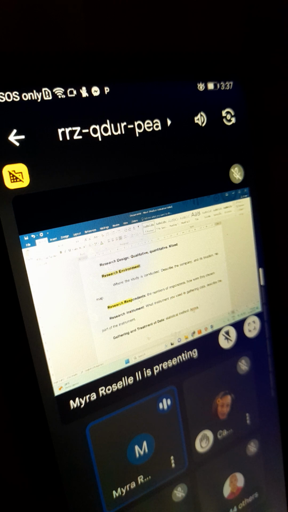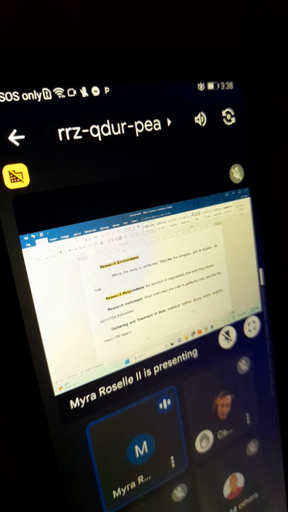For this part, your statistician will help you. You have the simple weighted mean, or the chi-square. Also here, you are going to mention data mining, which means you've done a lot of readings to have data, or you've used your resources in your offices for the gathering of data.